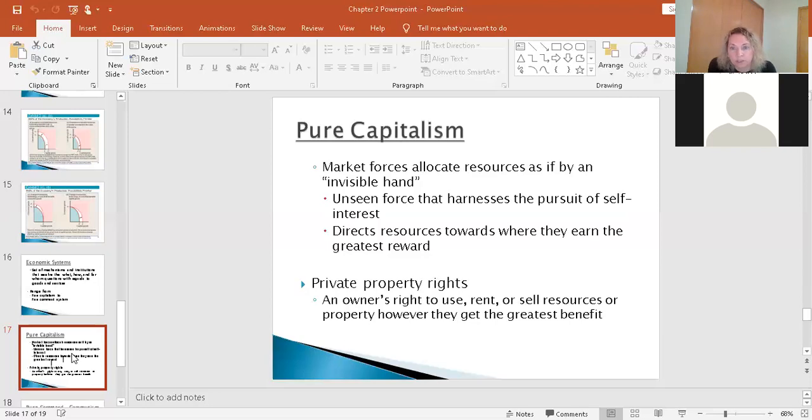Under this type of system, there is no room for the disabled, the elderly, or children who have been abandoned with no one to care for them. That's what this system would imply: there is no room for people without a resource to sell. So pure capitalism is not an ideal, not really something to strive towards, and doesn't exist anyway. And there's a reason it doesn't exist. It's because it's not an ideal system, where people with no resources are literally left to their own devices.